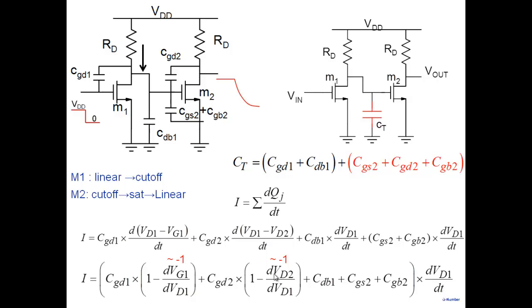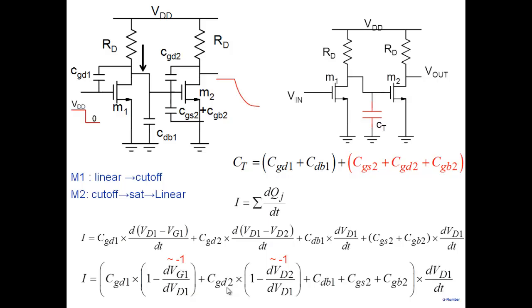Similarly, note that dVD2 by dV, if you look at CGD2 here, initially this node is VDD and this node is ground. And then finally this node becomes VDD and this node becomes ground. So the effective change here is also twice VDD. So in some sense, it's like putting -1 here. So -1 plus, so you get 2 CGD2.